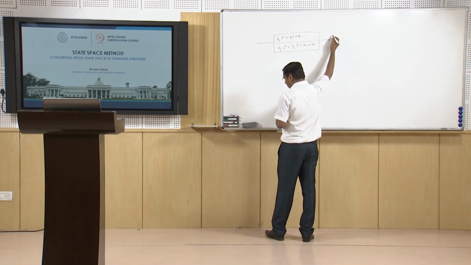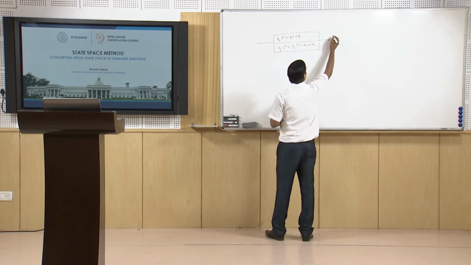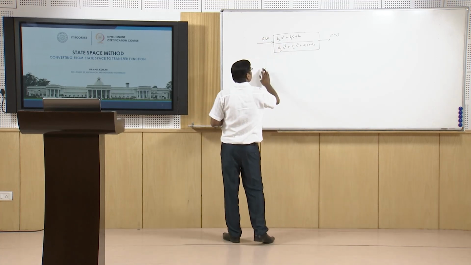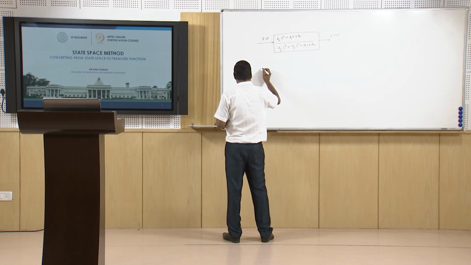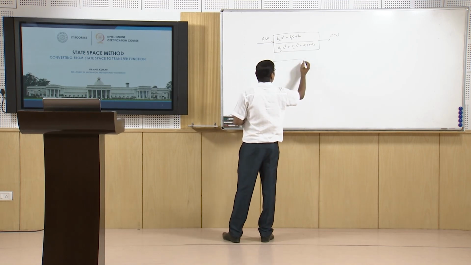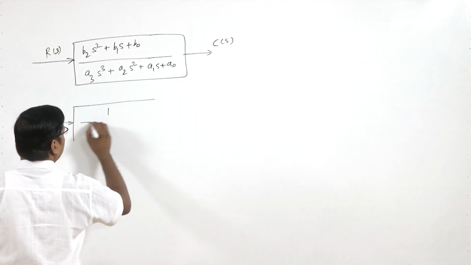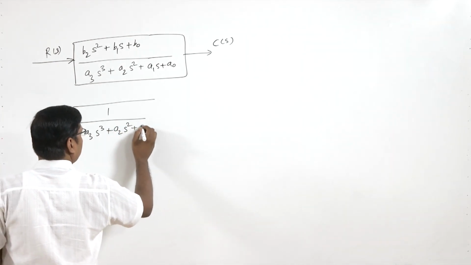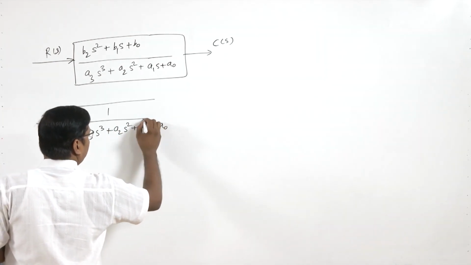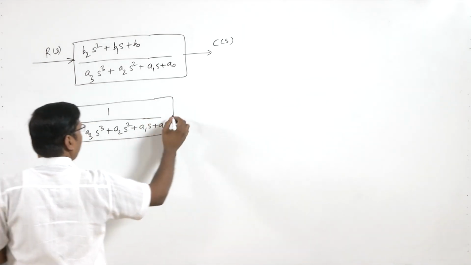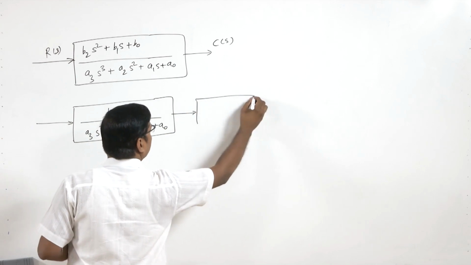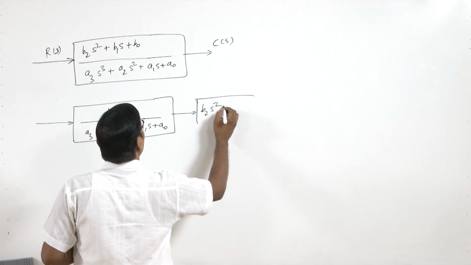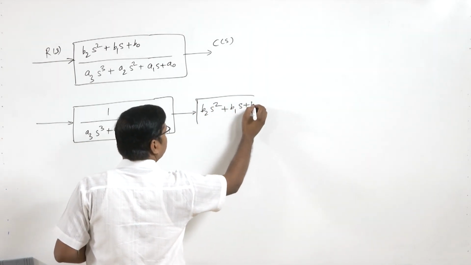So if this is our output C(s) and this is R(s), we can separate it. First we write only the denominator part, and the output of this part could be input to the other part, that is the numerator part, b2 s square plus b1 s plus b0.